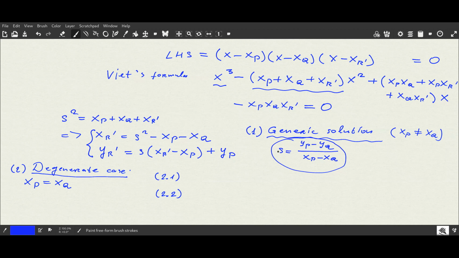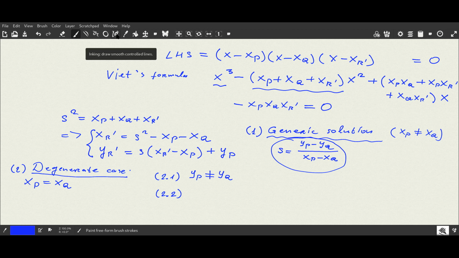So something is wrong in that case, and we cannot compute the finite s. But there are two possibilities. The first case is when yp is not equal to yq, which means that the numerator is non-zero, the denominator is 0.